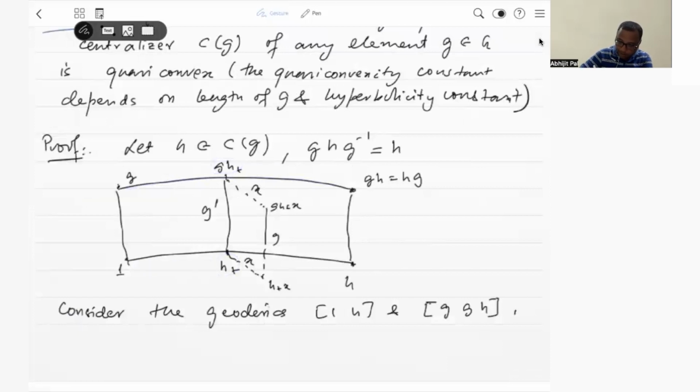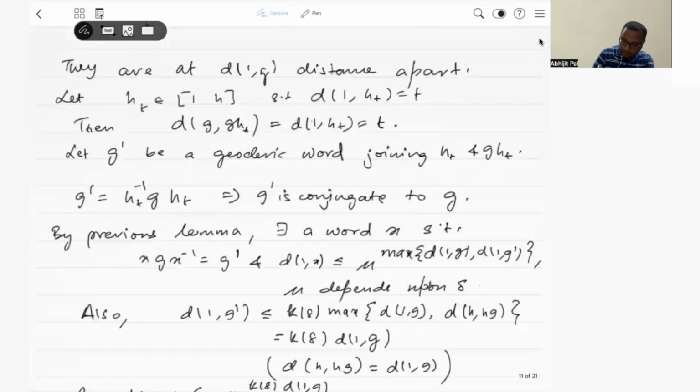And now if I join this h_t and g h_t by a geodesic, g', so g' is nothing but equal to h_t inverse g h_t. So g' is a geodesic word representing the geodesic joining h_t and g h_t.